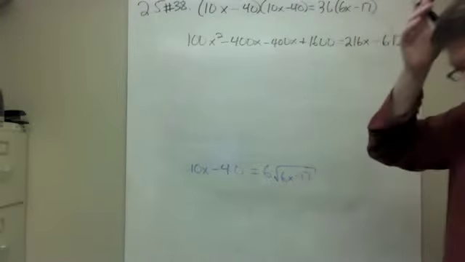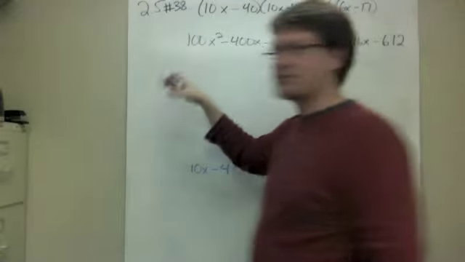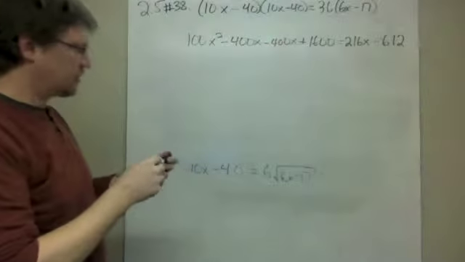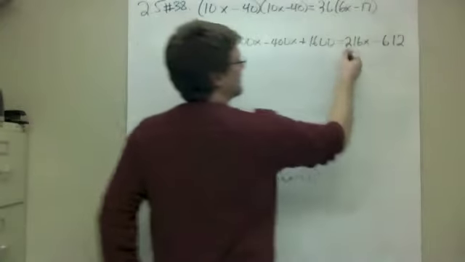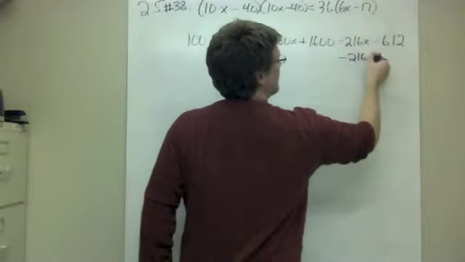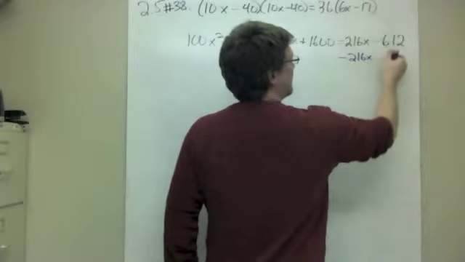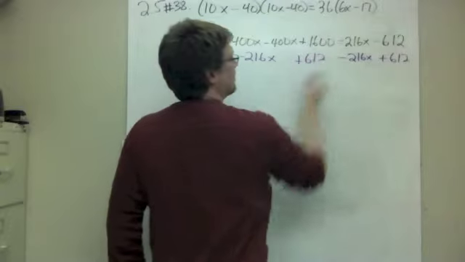Okay. Now, I want to move all of the stuff on the right over to the left so that I have a 0. I want to combine all my x terms. So I want to subtract 216x from both sides. I want to add 612 to both sides. All right.